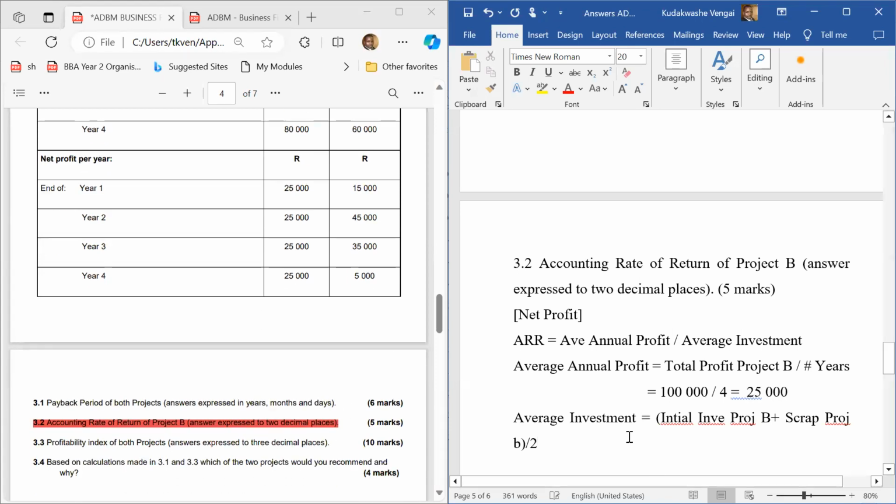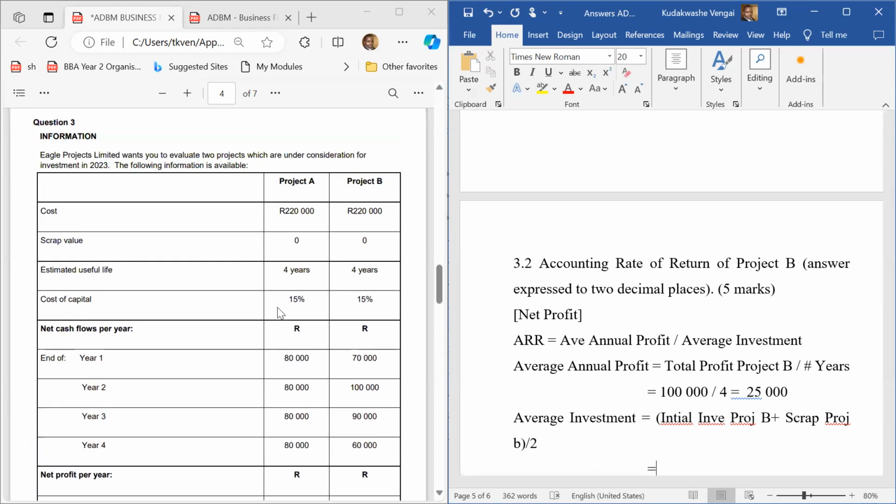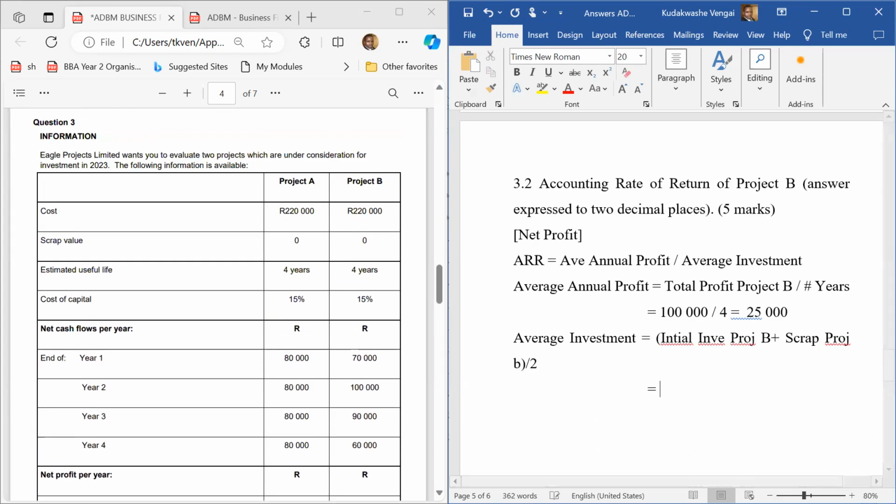And then average investment is going to be our initial investment, which is 220,123, plus our scrap value, which is 0, divided by 2, which gives us 110,123, right?